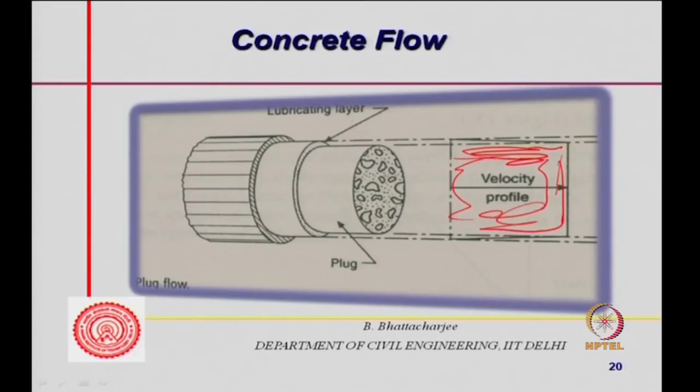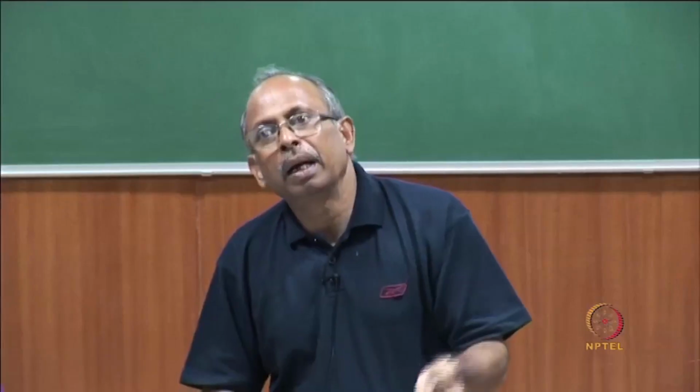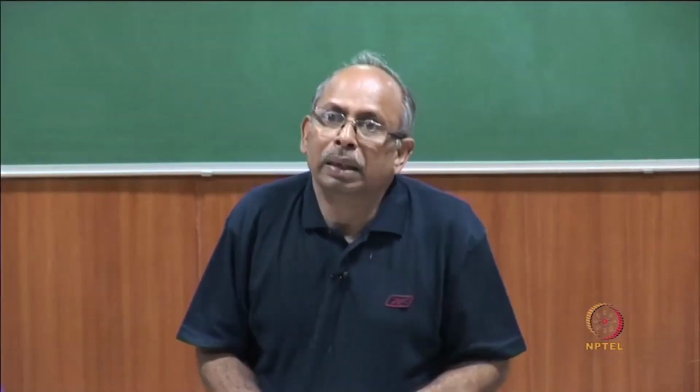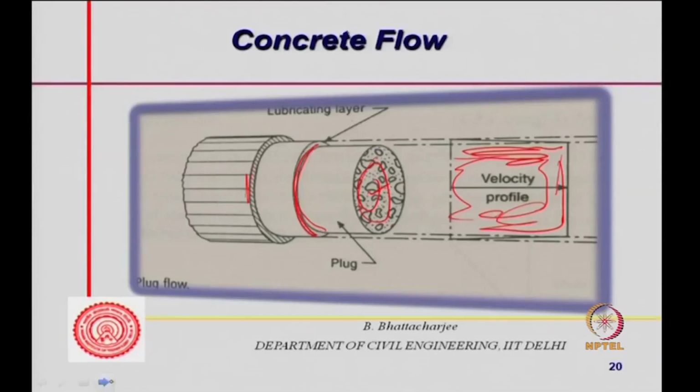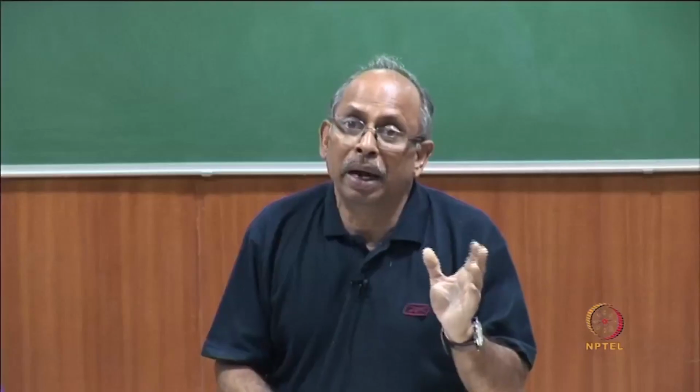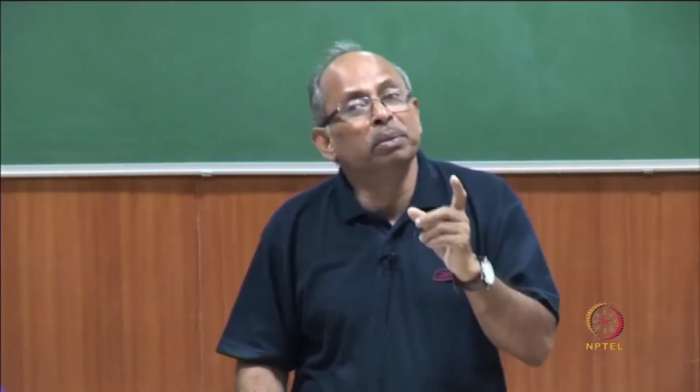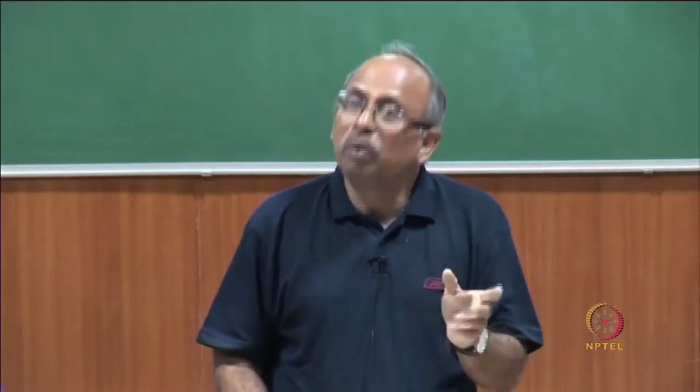The velocity is constant in this zone, this remains fixed concrete, this is the friction layer, the lubricating layer, and this is the pipe boundary. So, there is the pipe thickness, then the lubricating layer, and then the plug. The flow is plug flow, as we mentioned earlier, in the Bingham state.